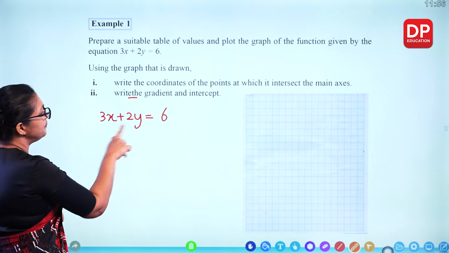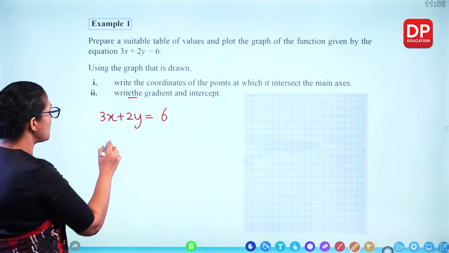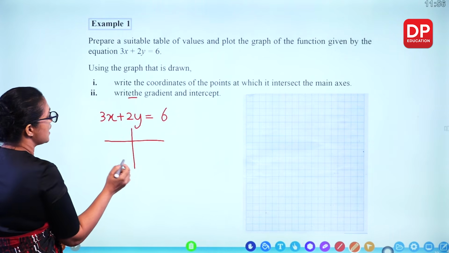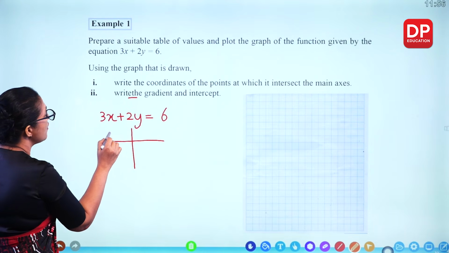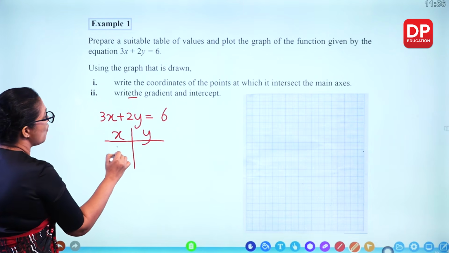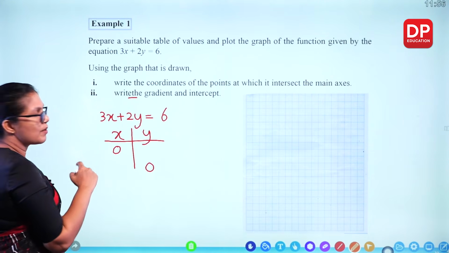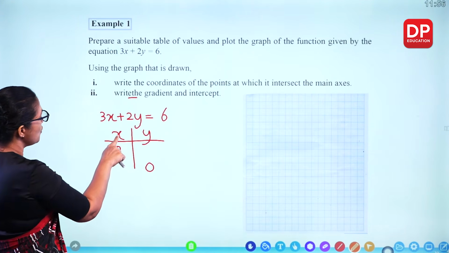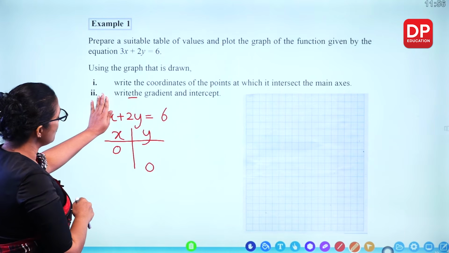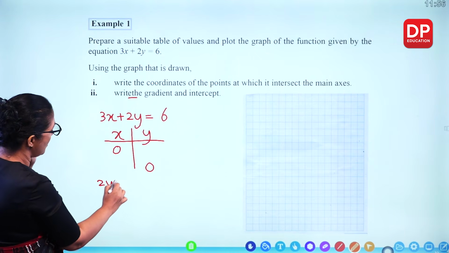Okay, so here, what's the easiest way to do? We can take, when x equals 0, find out the y value. When y equals 0, you can find out the x value. So when you substitute x equals 0, you get 2y equals 6.